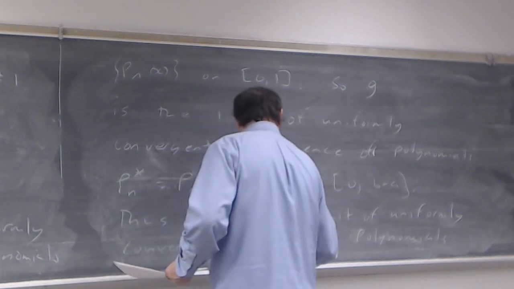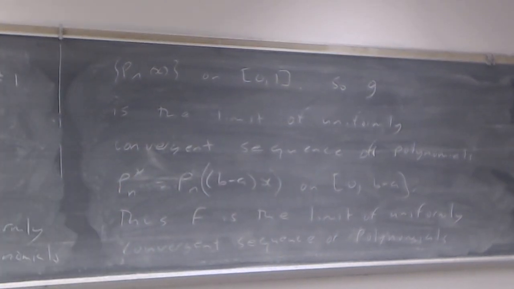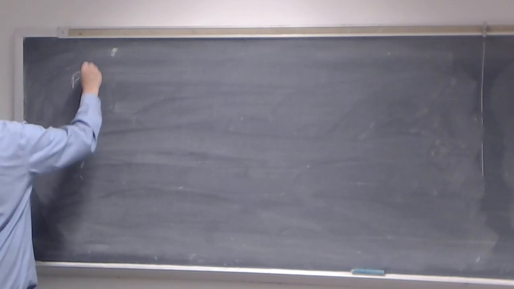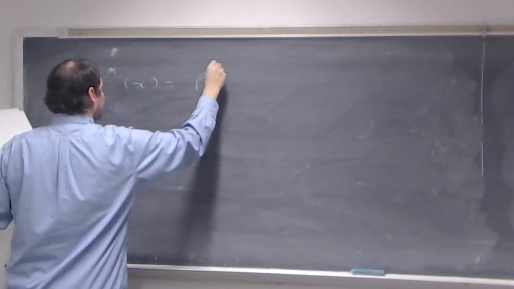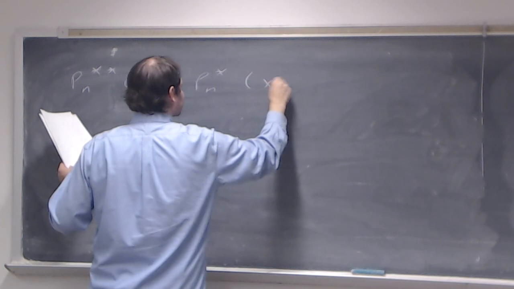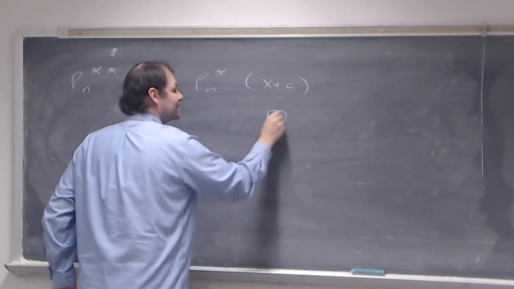I'll call it, oh gosh, I've run out of room, P sub n double star of x, which equals P sub n star evaluated at x plus a. That is the proof.